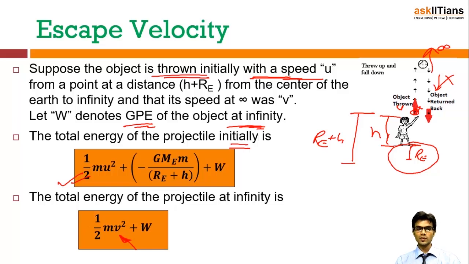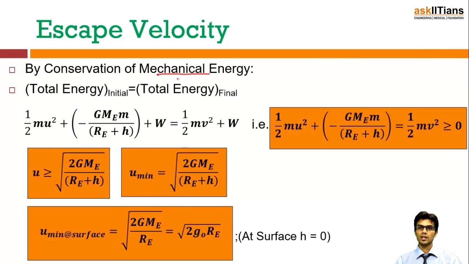By the conservation of mechanical energy, the total initial energy equals the total final energy. So half m u square minus G M_E m by (R_E plus H) plus W is equal to half m v square plus W. W cancels, so half m u square minus G M_E m by (R_E plus H) is equal to half m v square. The right side is kinetic energy only, which is always greater than or equal to 0. If the RHS is greater than or equal to 0, then the LHS must also be greater than or equal to 0.